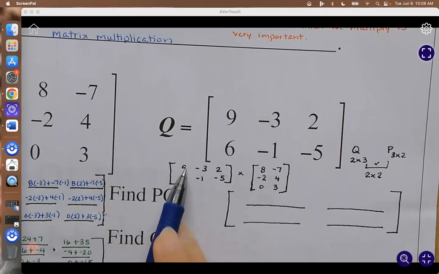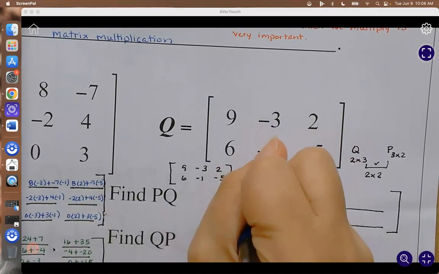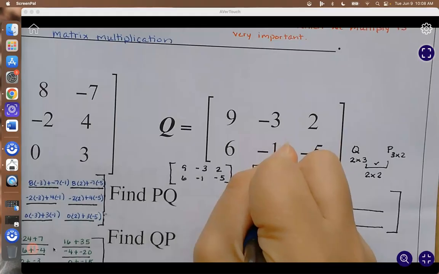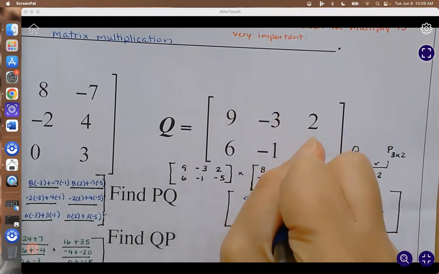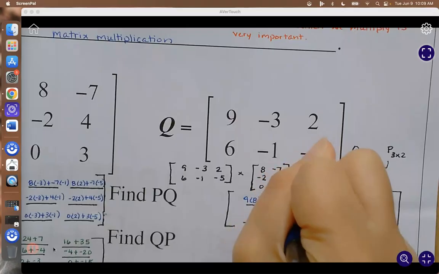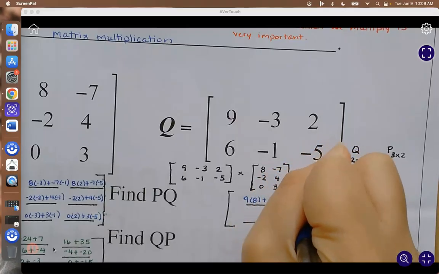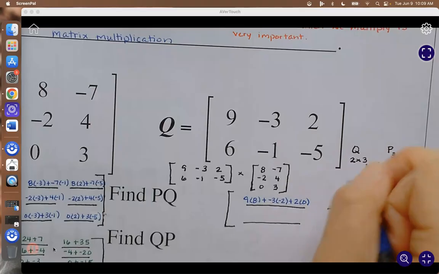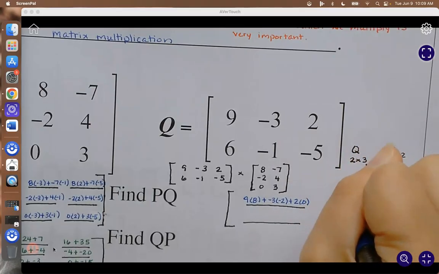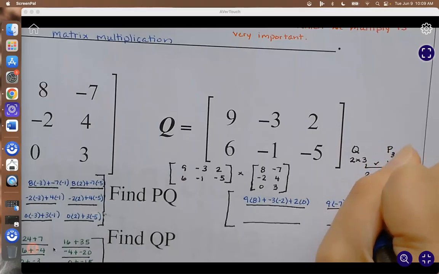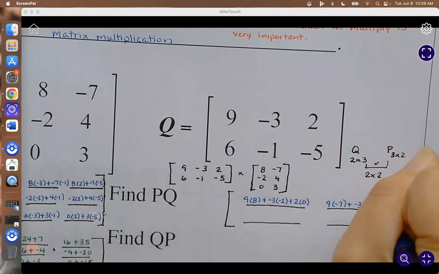Here we go. So we're going to do 9 times 8, negative 3 times negative 2, and then 2 times 0. And we'll do 9 times negative 7, negative 3 times 4, and 2 times 3.